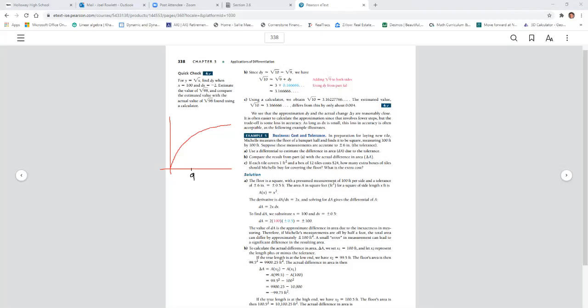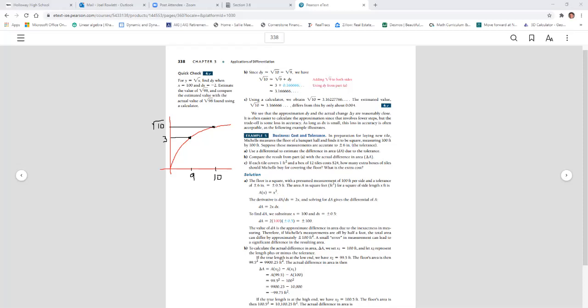We know that the square root of 9 is 3, so that would be 3 for the height there. So this point here is located at 9, 3. And then we wanted to estimate the square root of 10. Well, if x is 10, then this point here would be located at the square root of 10.